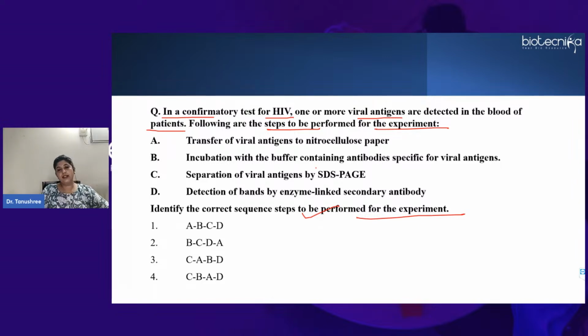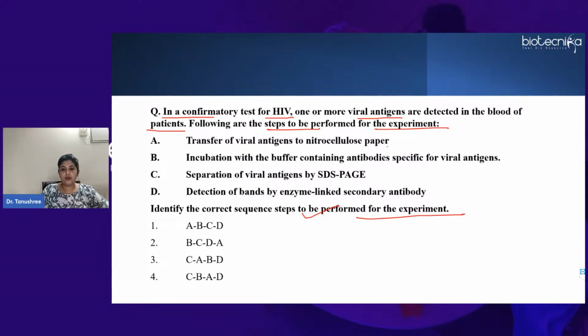If you go through the steps, you will be able to understand which technique this particular question is based on. What you need to do is just recall the overview of the process of that technique. I discussed Western blotting a few minutes back, in brief, and told you what all the steps are.